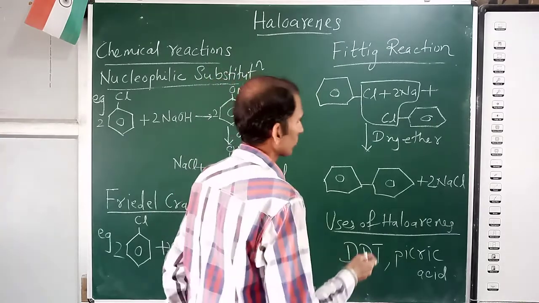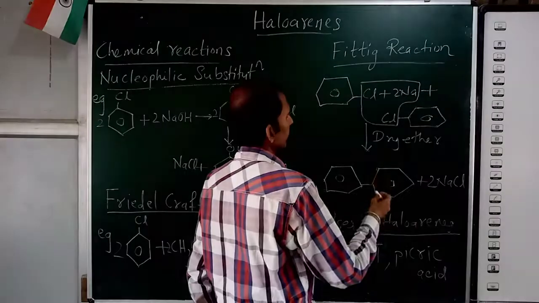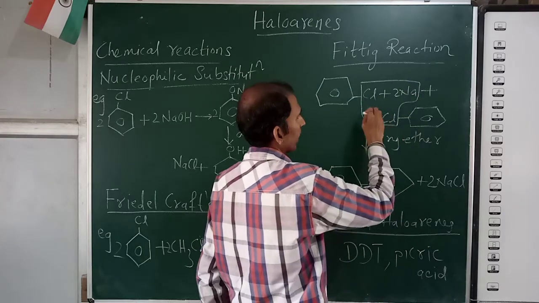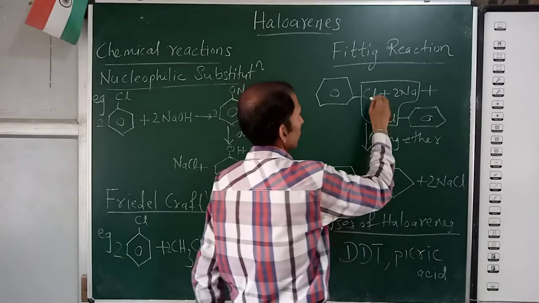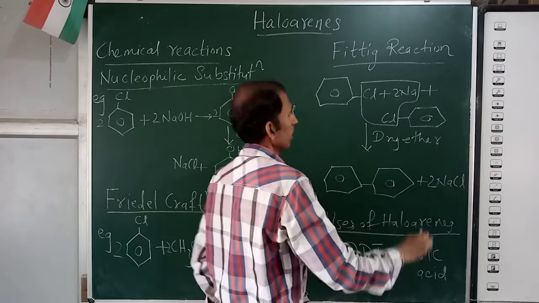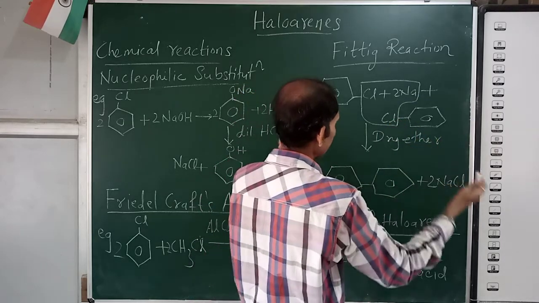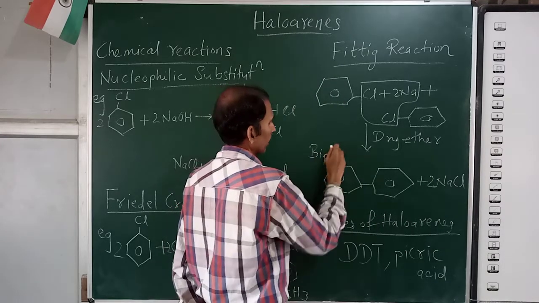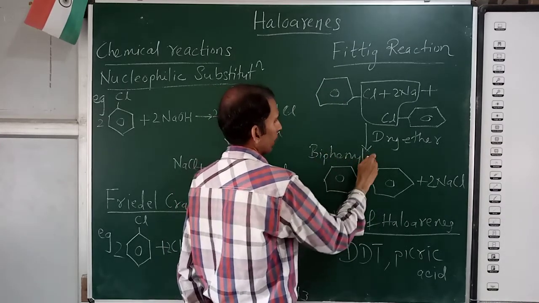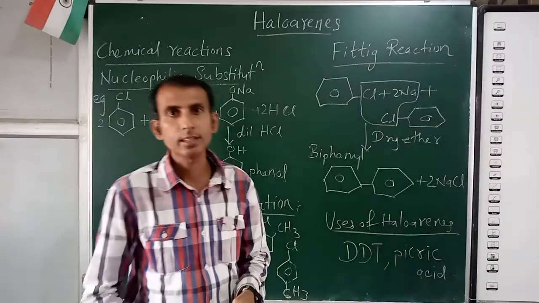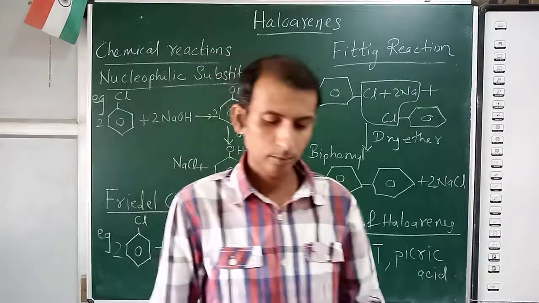So dry ether is the solvent, and as you can see here, I have shown the elimination. What is getting eliminated here? 2Na and 2Cl. So 2NaCl is lost and the 2 benzene rings get attached to each other. The name of this compound is biphenyl.